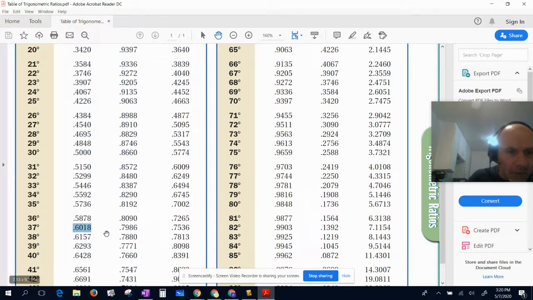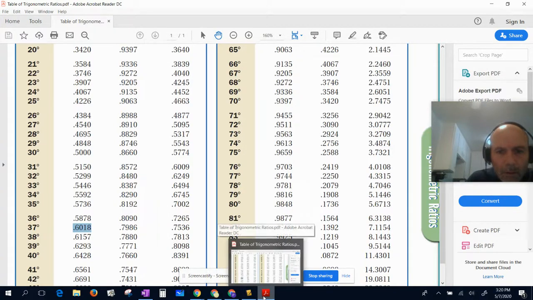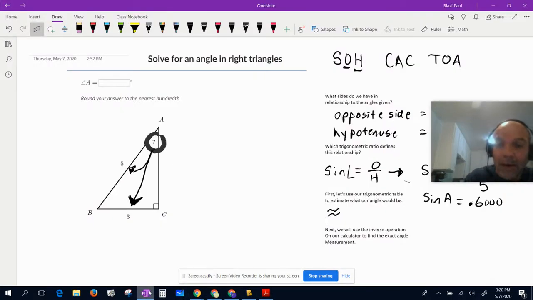Guess yourself and see if you can get closer than me. It's going to be the closest hundredth. I'm going to say it's going to be like 36.85. That's going to be my guess. What's your guess based on what you saw in those tables?